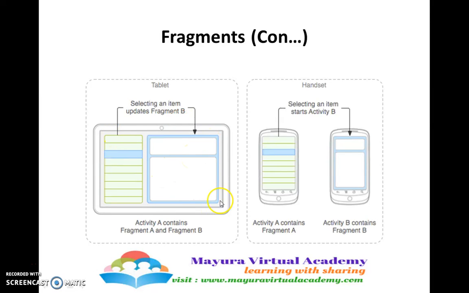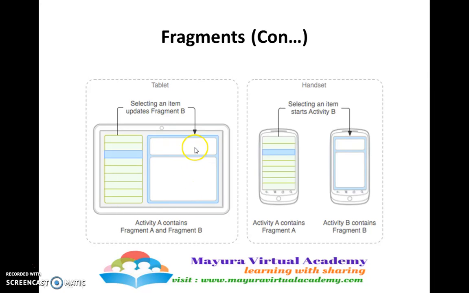If you design this application with activities, whenever you click on some article, a corresponding new activity should be created. Suppose you have 10 or 20 articles in the list; each time you click on a particular article, if there are 20, you need to create 20 activities. That can be overcome by using fragments.